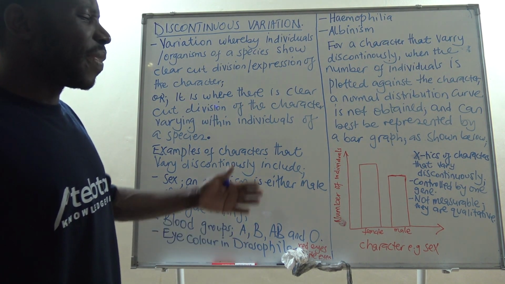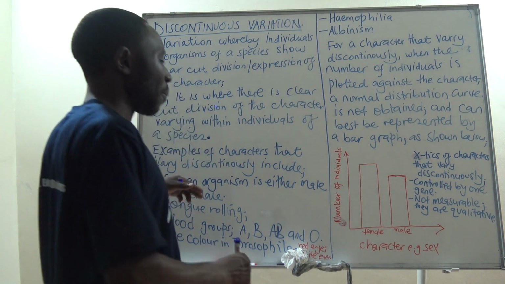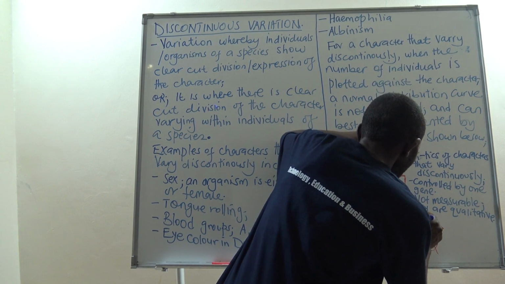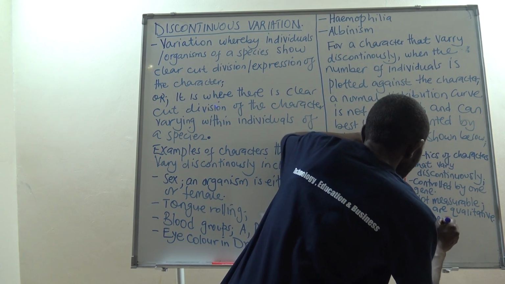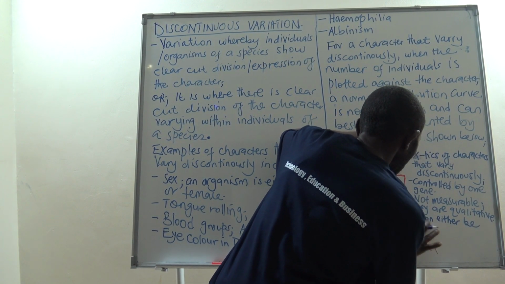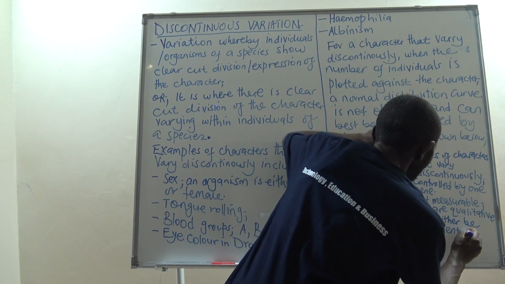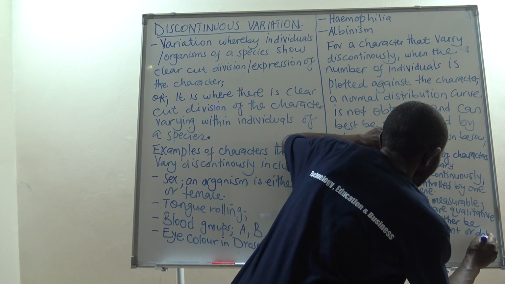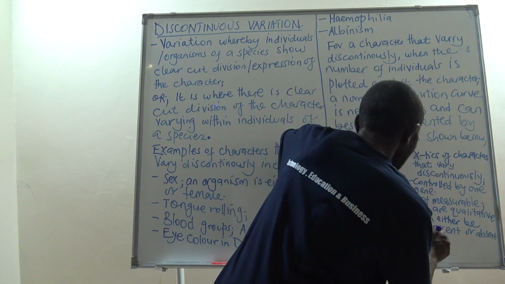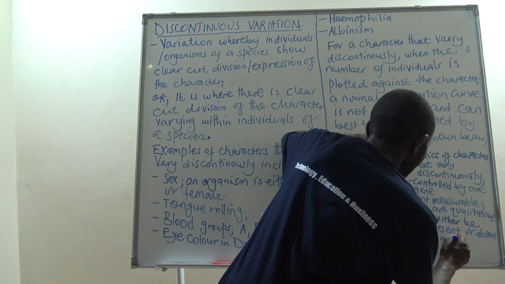Secondly, they are either present or not present within individuals of a population. They can either be present or absent in a population or in a species.